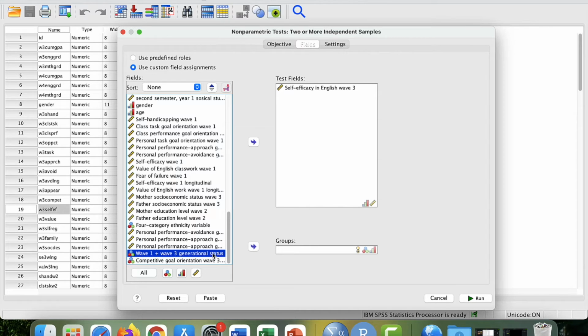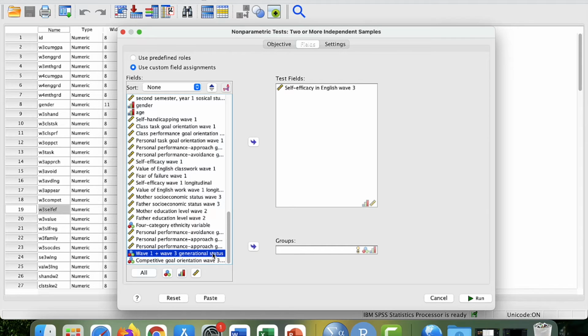These data were collected from high school students over a few different waves of data collection. And one of the questions we asked was whether the students themselves were born in the United States or not, and whether their mother or father was born in the United States or not. So what this gives us is three different generational groups.